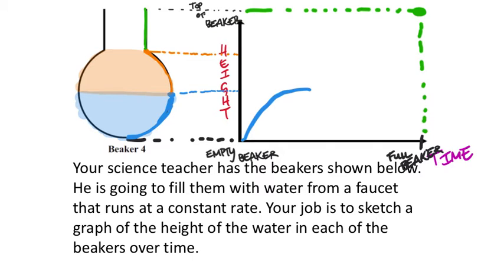So that would look, I'm going to emphasize this, but it would look, I don't know, something like this. Okay, it gets steeper and steeper as you move to the right, and then once we hit this bottleneck right here, then it moves at a constant rate just like we saw on the last problem, okay? So that's okay. All right, so that's the graph, and again, I did emphasize these so that we can see the differences between them.